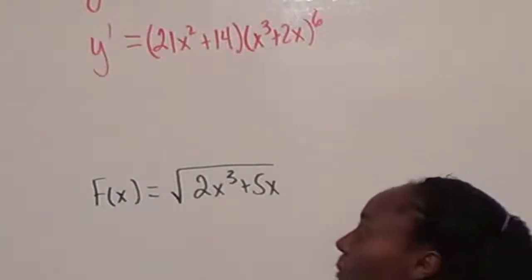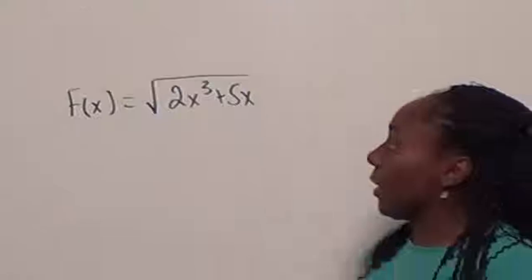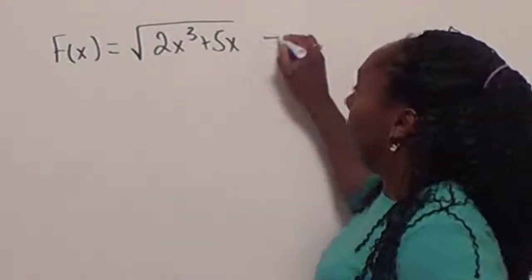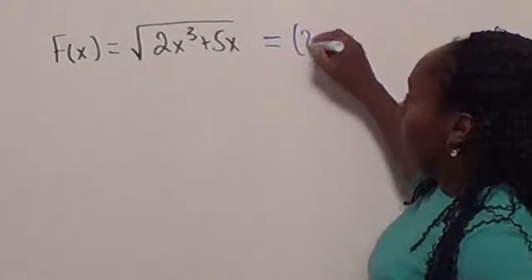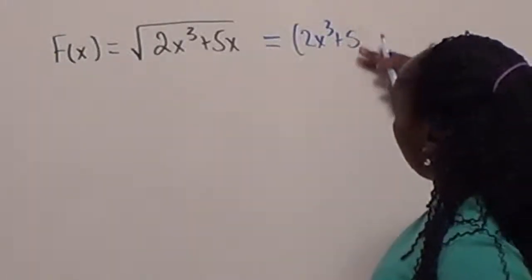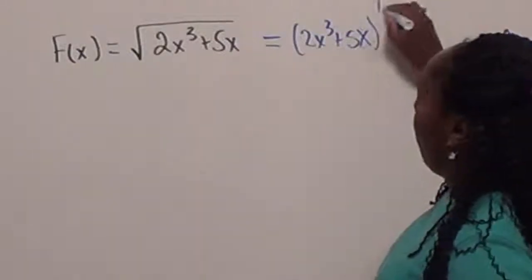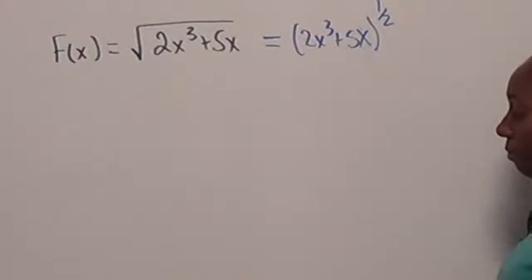In this second example, I can again think of this as a general power rule. Okay. So again, I can think of rewriting this function as 2x cubed plus 5x to the 1/2 power. And now I can treat it like a power rule.